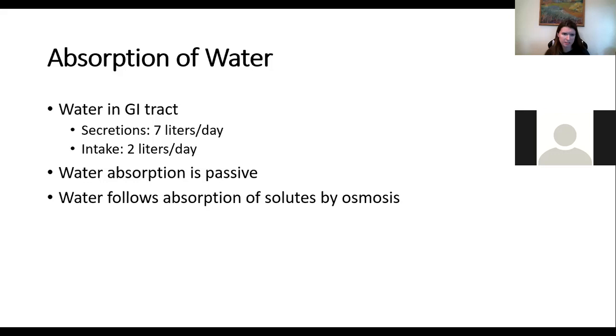So you're taking in 2 liters, but you're also funneling a ton of water into the GI tract in order to get all these enzymes and stuff in there. So you need to reabsorb all that water so you don't get super dehydrated super quick. So water absorption is passive. It basically just follows solutes by osmosis.